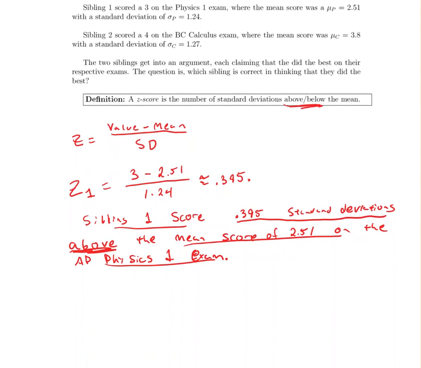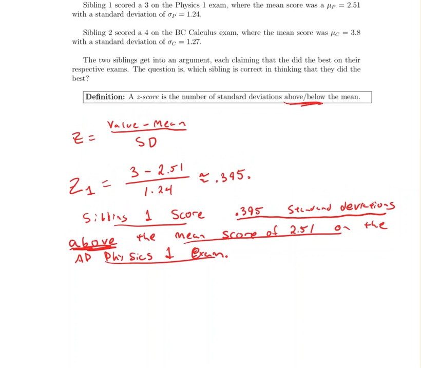So now let's do the same thing for sibling 2. So again, we are going to calculate the z-score for sibling 2. They scored a 4 on this BC Calc exam, which had a mean of 3.8 and a standard deviation of 1.27. So you can plug this into your calculator to get that sibling 2's z-score is approximately 0.157.